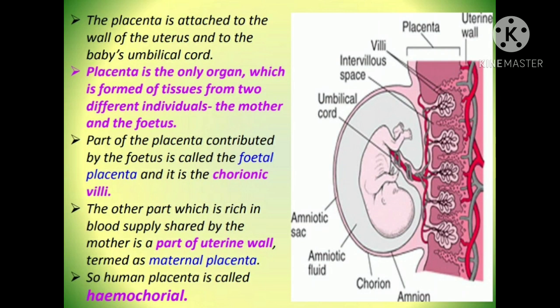Moving to our next slide, there is some more description regarding the placenta. The placenta is attached to the wall of the uterus and to the baby's umbilical cord, as you can see from the figure.